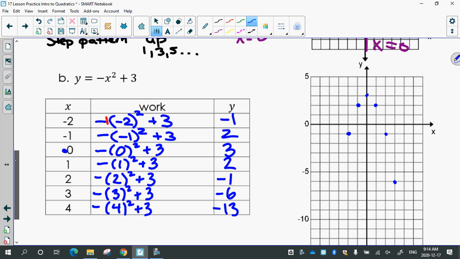Can you see where the vertex is going to be from where the points are plotted? Yes, good. So 0, 3 is going to be my vertex.